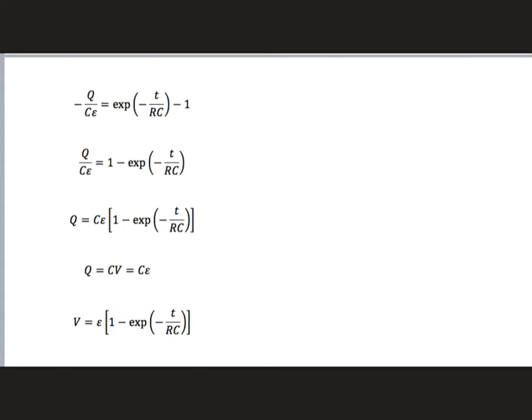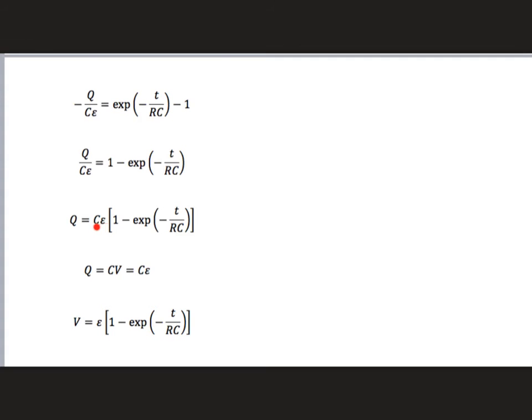So rearranging that, we bring the 1 over to the other side, and then we can multiply both sides by a negative 1 again to make this q positive. And so we get q over CE is equal to this term. To get q by itself, we multiply both sides by C times E, and that gives us q is equal to CE times 1 minus the exponential function of minus t over RC.